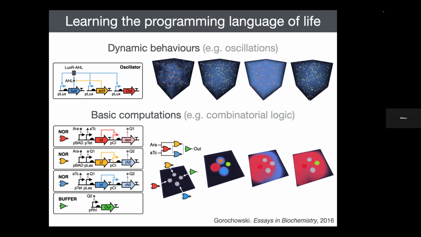And at the bottom, there's been a lot of work around trying to effectively recapitulate very basic combinatorial logic in cells. The reason for that is that if we have an ability to carry out these basic logical operations, we can use them to help us classify whether a cell is diseased or not, or potentially to make a decision, which can be vital in biomanufacturing type applications. But these circuits form a big component of what's been done in the field today.